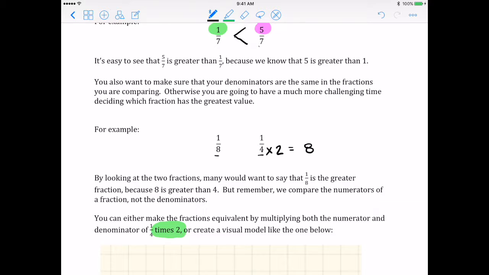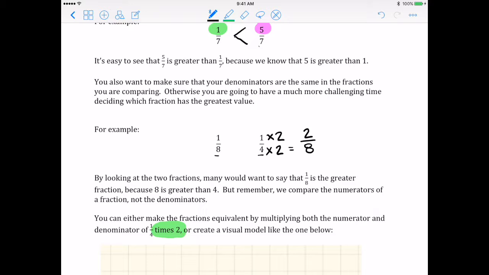Now, whatever I do to the denominator, I have to do the same thing to the numerator when I'm creating equivalent fractions. So if I multiplied my denominator times 2, that means I'm also going to have to multiply my numerator times 2. And 1 times 2 equals 2.